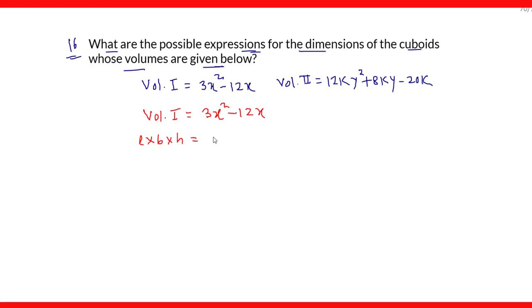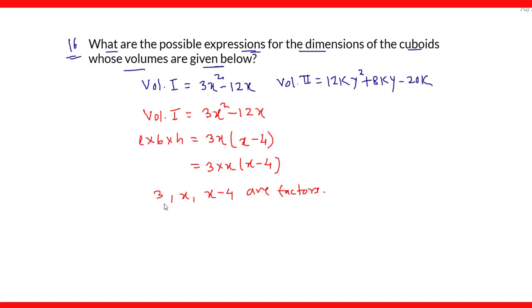If we find its factors, 3x will be the common factor, and inside the bracket it will be x minus 4. Correct? So the factors will be 3 into x minus 4, and therefore the actual factors will be 3x and x minus 4 of the given expression.